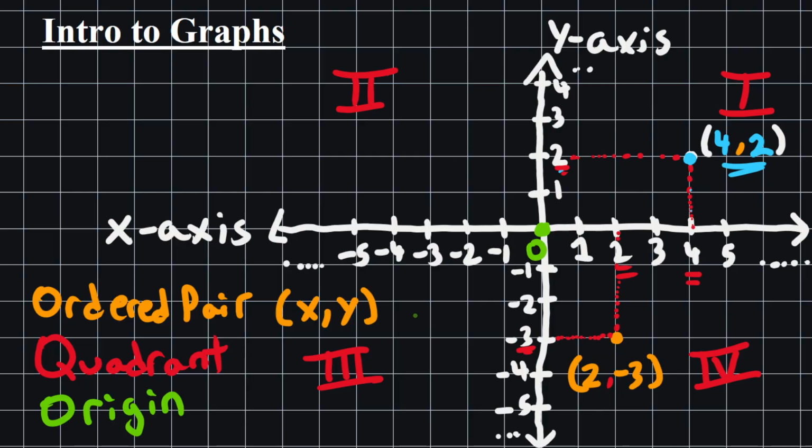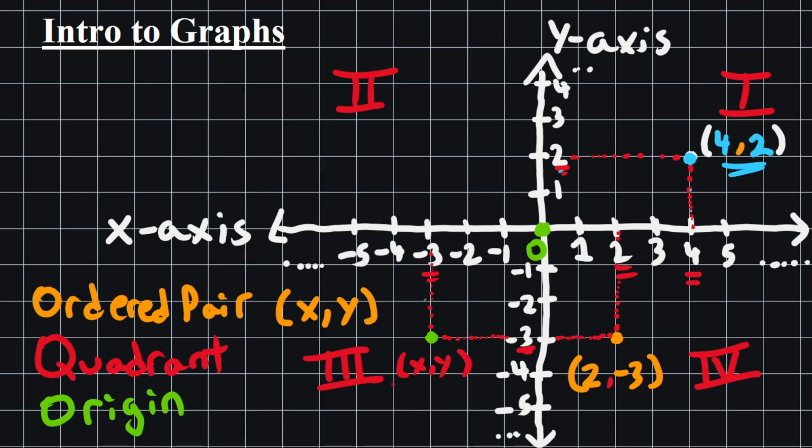Let's say we had a point over here. Again, we can use the same method. Let's draw a dotted line all the way to the x-axis and another dotted line all the way to the y-axis. So we can represent this as x comma y. What is x? What number does it touch on the x-axis?